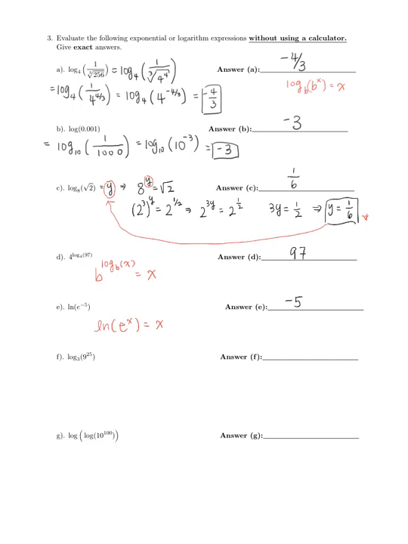I can rewrite this as log base 3 of, now 9 is what? 3 times 3. And then you still have the exponent of 25 left. So in this case, you need to multiply the exponents together.